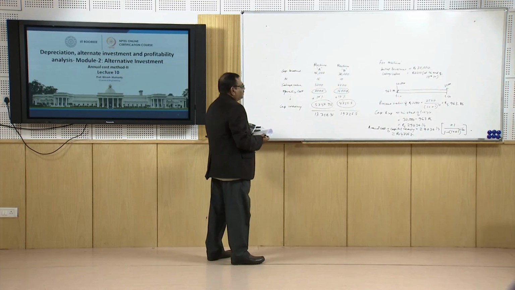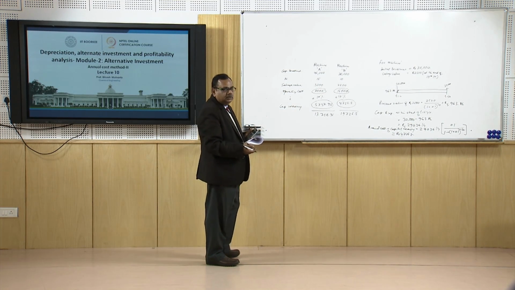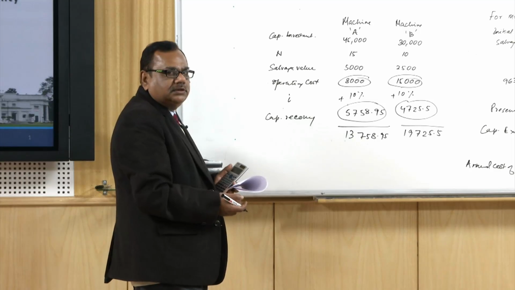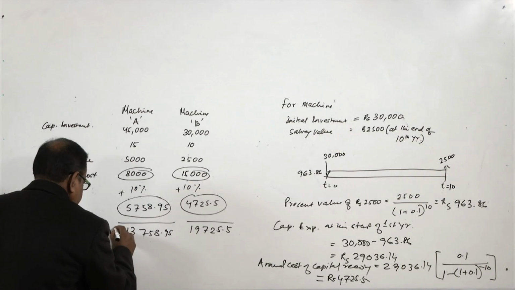As the annual cost of machine A is less than machine B, my selection will be machine A.